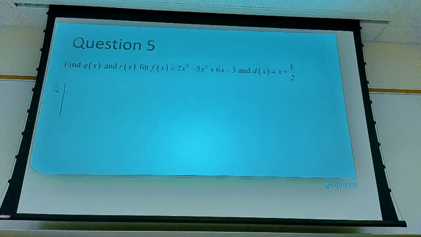List out the coefficients. 2, -5, 6, and -3.